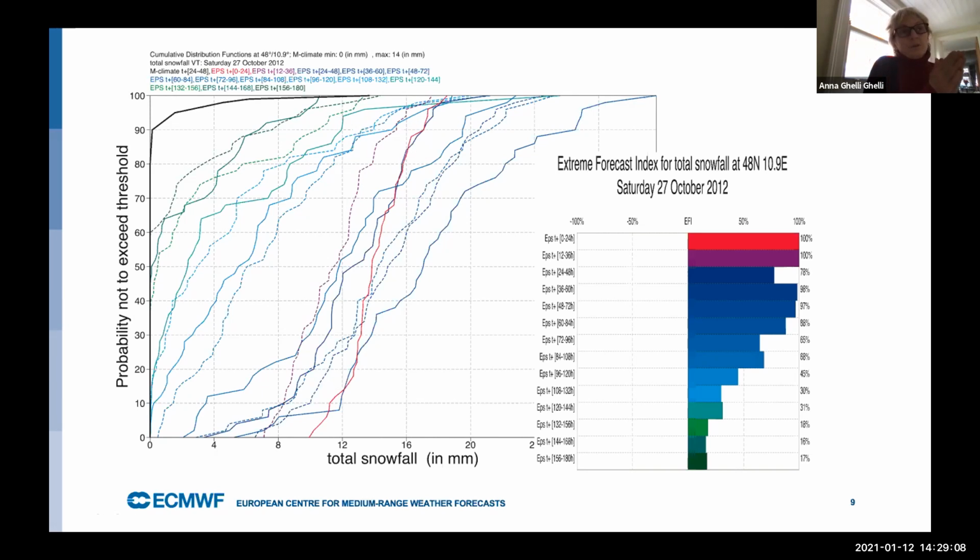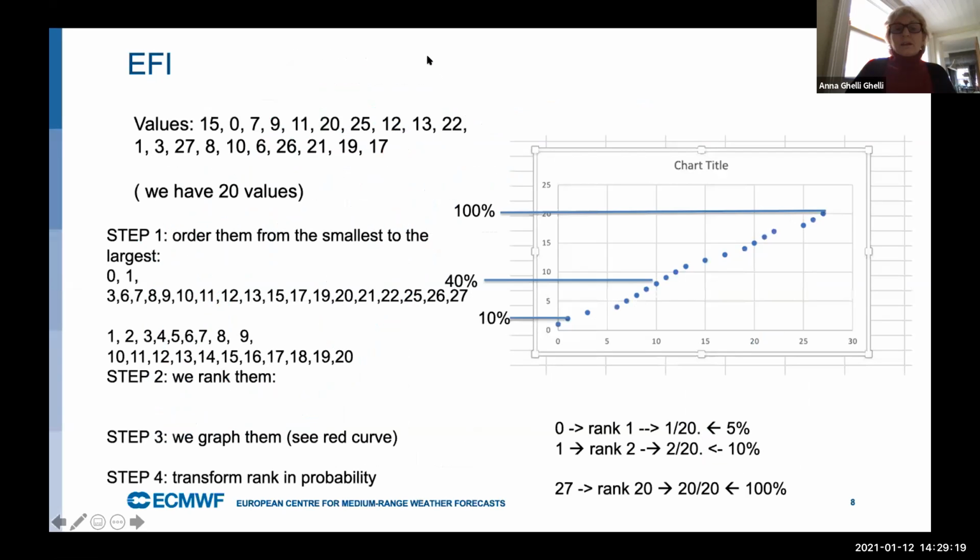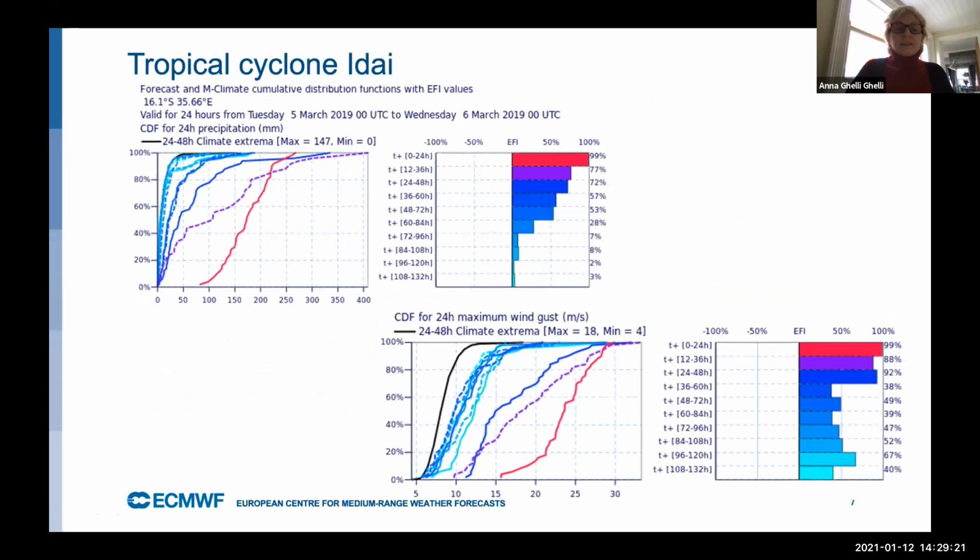On the one hand, you have a picture like this, where you have your red line, which is the latest forecast, progressively intensifying the event in the forecast.